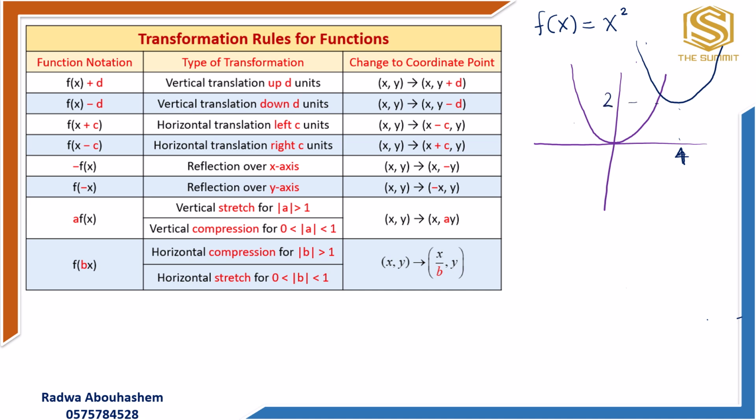Here, the vertex was 0 and 0. Now the vertex is 4 and 2. You moved how many steps on the x-axis? 4. To the right or the left? To the right, so it would be -4. And you moved how many steps along the y-axis? 2 units. Up or down? It's up, so it has to be +2.